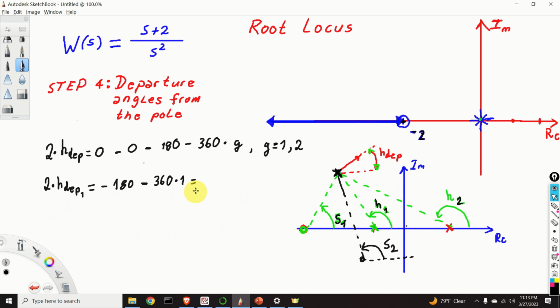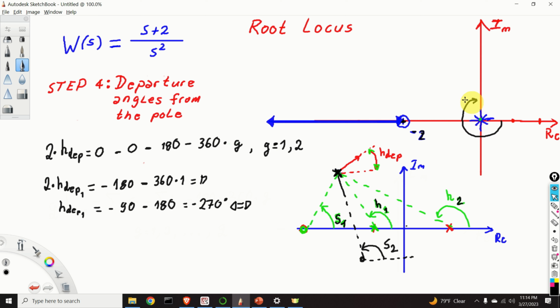And consequently, the result is the following one. H departure 1 is minus 90 minus 180, and that's equal to exactly minus 270 degrees. So what happens over here? The departure angle is minus 270 degrees, and that's obviously equivalent to what? Let's see from the graph.